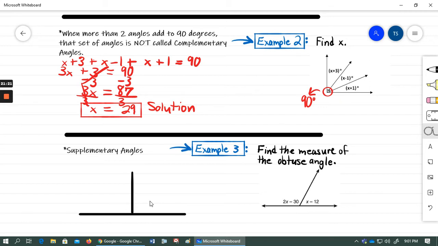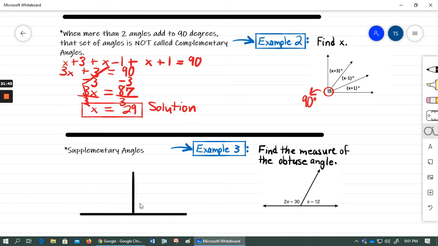They look like they are 90 degrees. Again, we don't know that they're 90 degrees because we don't have any definitive proof in this diagram. We don't see a right angle symbol, and we don't see an actual angle measurement of 90 degrees written.